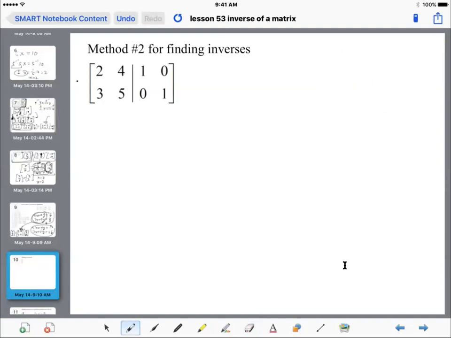We make a big matrix that's 2 rows, 4 columns. This line down the middle isn't really necessary, but the idea is that I have a 2 by 2 matrix here and an identity matrix next to it. And the same steps done to the thing on the right are going to turn it into the inverse of the thing on the left.